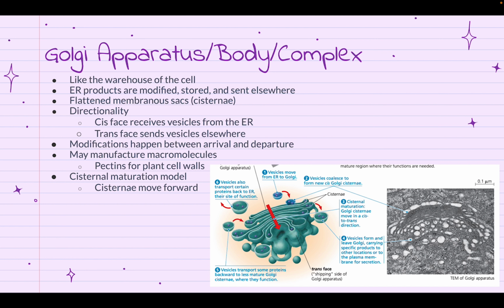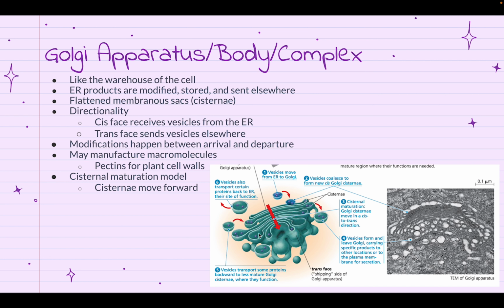There is a very specific directionality that goes with the Golgi apparatus. There's the cis face, which receives vesicles from the ER, and the trans face, which is on the other side and sends vesicles elsewhere. Between coming in and leaving, modifications happen in that time.